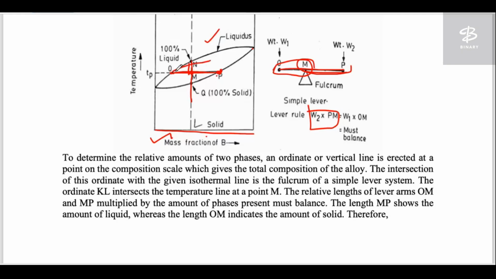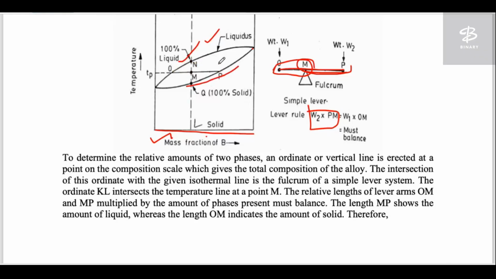If you need to calculate the solid, you need to calculate this line and multiply. If you need to calculate the liquid, then you need this one. So for solid, you have the solidus line at the bottom.